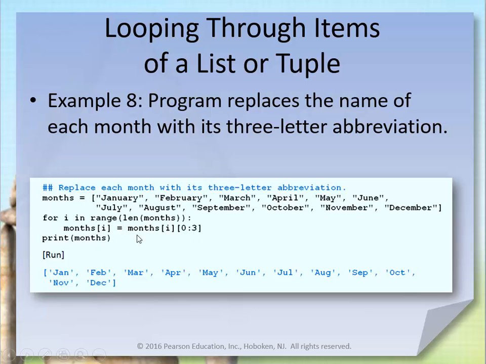This is an assignment statement here. months[i], which initially will be January, the first three characters, 0, 1, and 2, assign those back to months[i]. So when we're done, months[i] just has Jan in it. And then it does that for each one of them. That's how we get the first three letters.